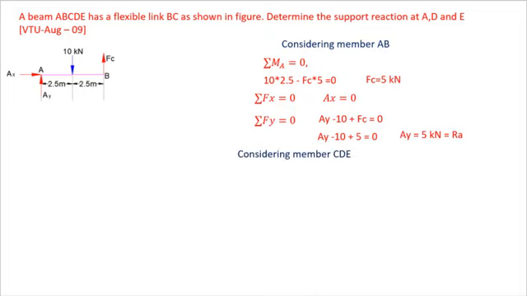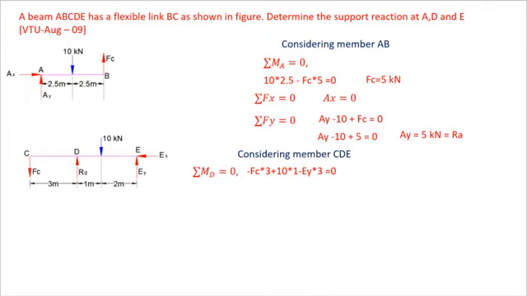Now consider member CDE, this member. I will apply moment at D equal to 0. Then minus Fc into 3, then 10 into 1 meter, then minus Ey into 3 meter. Right?